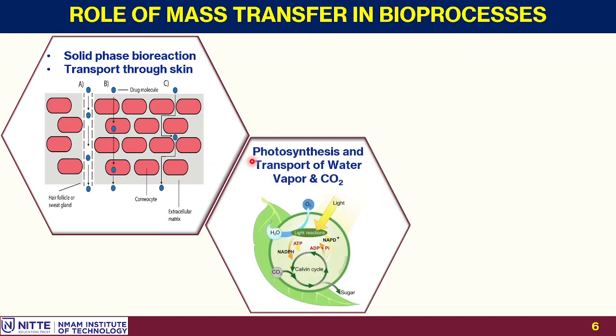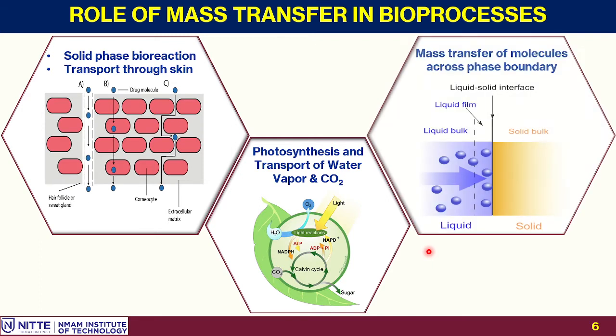Another example that we can think of is photosynthesis. So in photosynthesis, that is transport of water vapor and carbon dioxide across the cell membranes, right? So this is also an example of mass transfer. One more thing that we generally come across is the industrial processes wherein, for example, extraction, adsorption, or even the distillation process, wherein you observe film transfer, that is, solid to liquid or liquid to gas, liquid to liquid, mass transfer takes place.